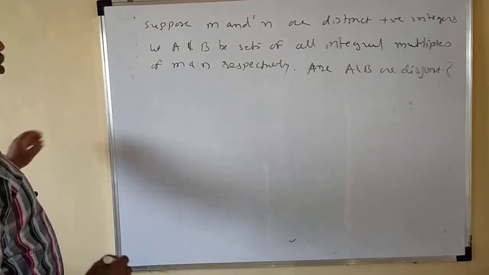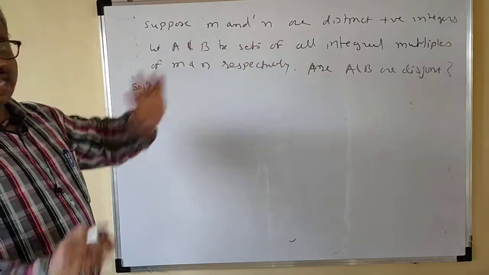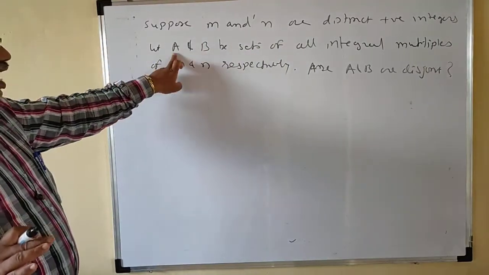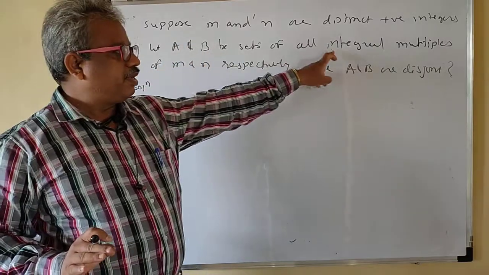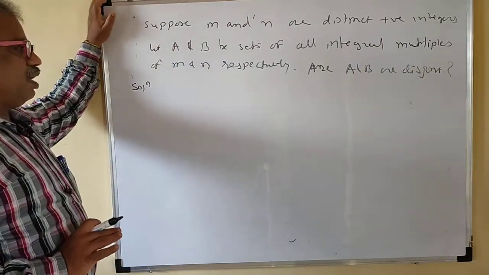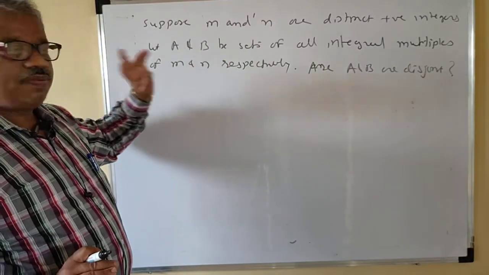Now the solution. What we are given: m and n are integers. A is the set of all integers that are integral multiples of m, and B is the set of all integers that are integral multiples of n.